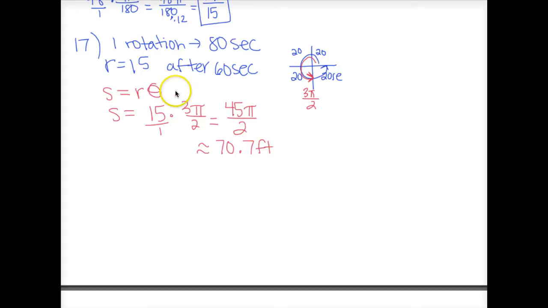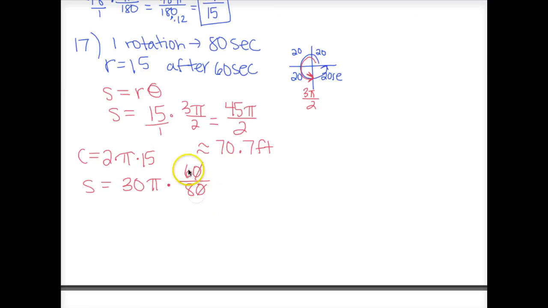So that's one way to do this problem. The other way is, again, to do circumference times the ratio. So circumference equals 2 times pi times 15. So circumference is 30 pi. So arc length would equal 30 pi times the ratio. Well, the full rotation is 80 seconds. Here I'm going 60 seconds. And then this is how you could also calculate it.